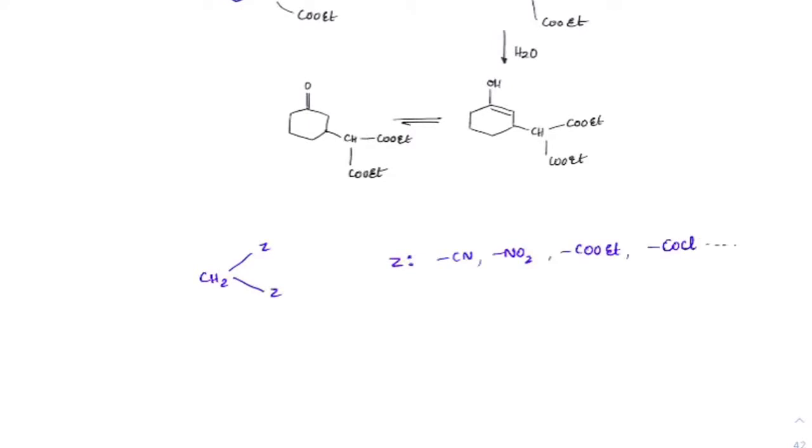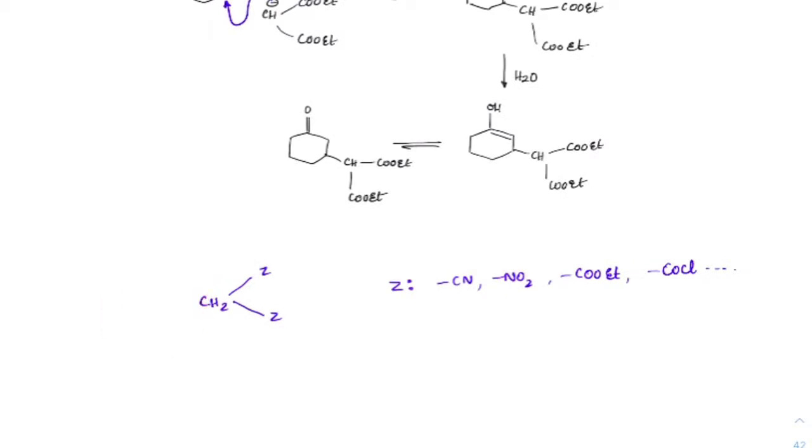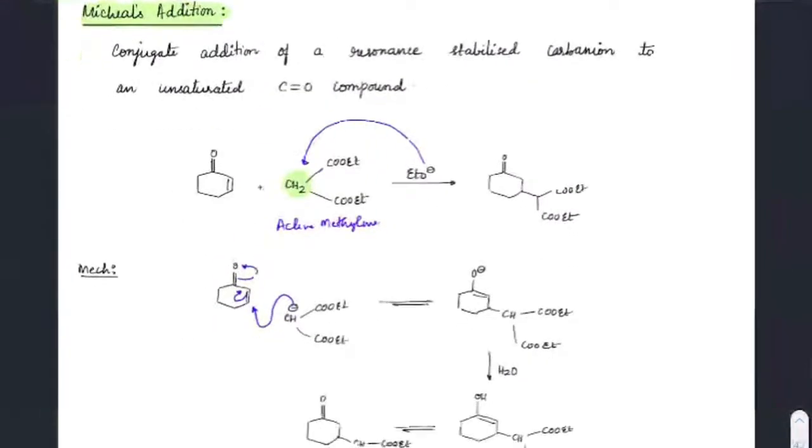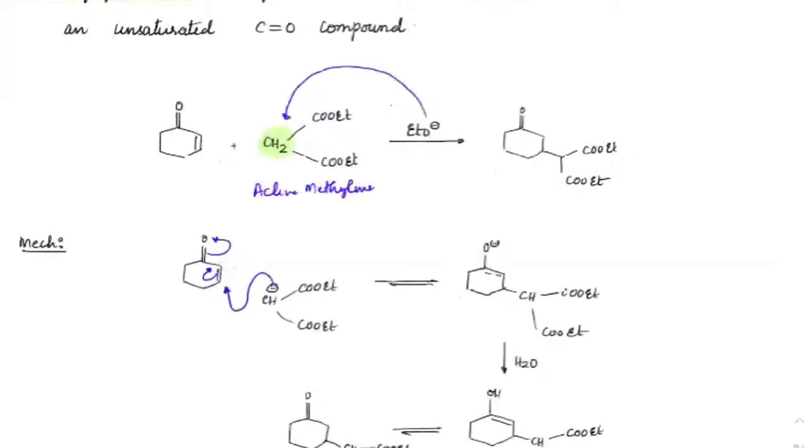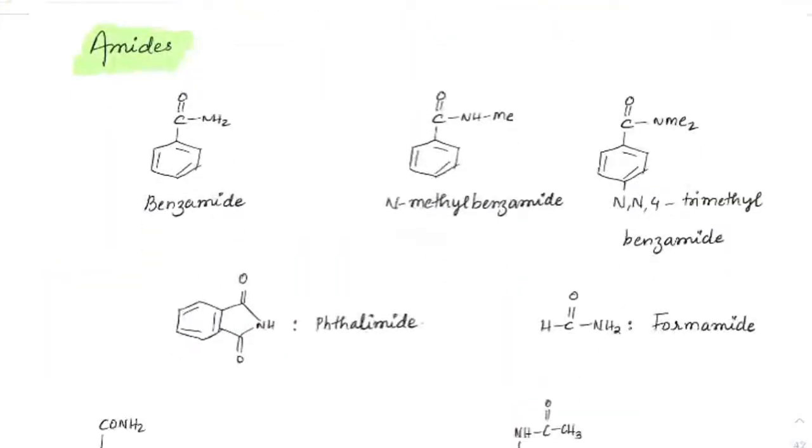All of these groups can be present. We need a strong base to remove that proton from here, and then it will attack onto the conjugated position. So this is Michael's addition. It's pretty much simple. We have done this before, so just recall it. Like I said, today's session is mostly about trying to recall what you have done.